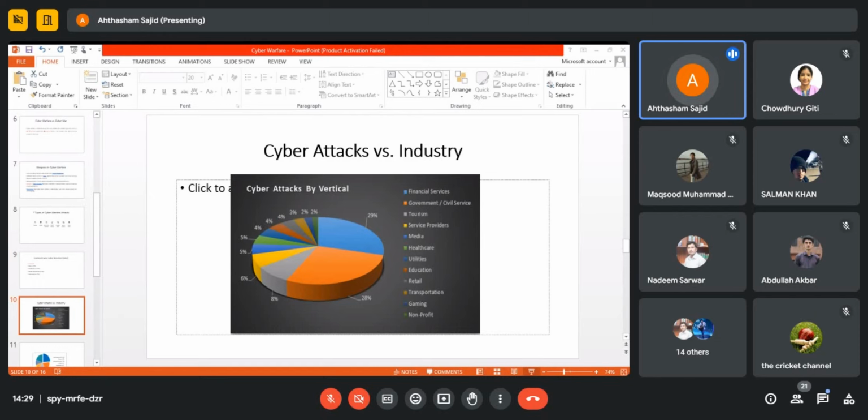If we talk about the cyber attacks done till now over the industries, we can say that the highest percentage is over government and civil services. Then we have financial services. These two sectors have been targeted by cyber attackers and hackers, who obviously might have been paid, or have some dedicated task to achieve that goal.